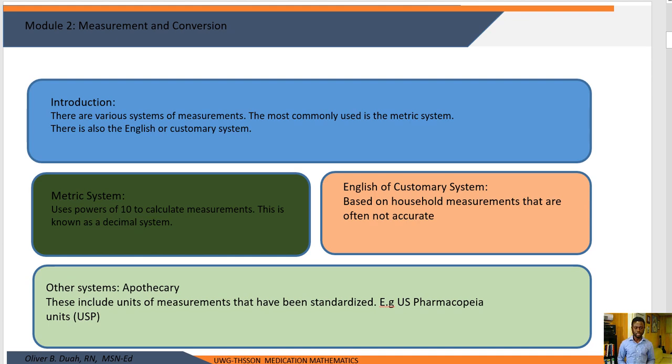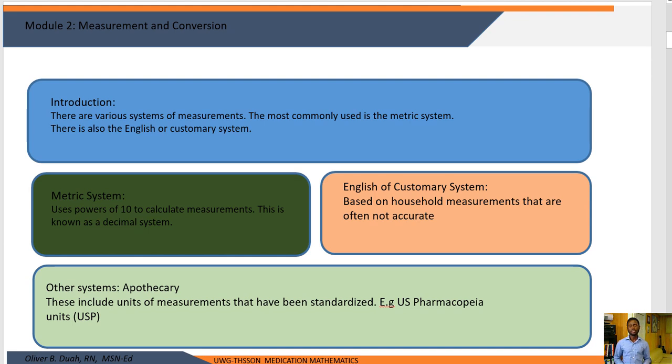as the metric system. There are other types of systems, which is the apothecary or the pharmacopoeia measurements, and these are normally in units. For example, when you take a medication like heparin or insulin, which you'll be learning about in your pharmacology course, you will see that these medications are measured in units.